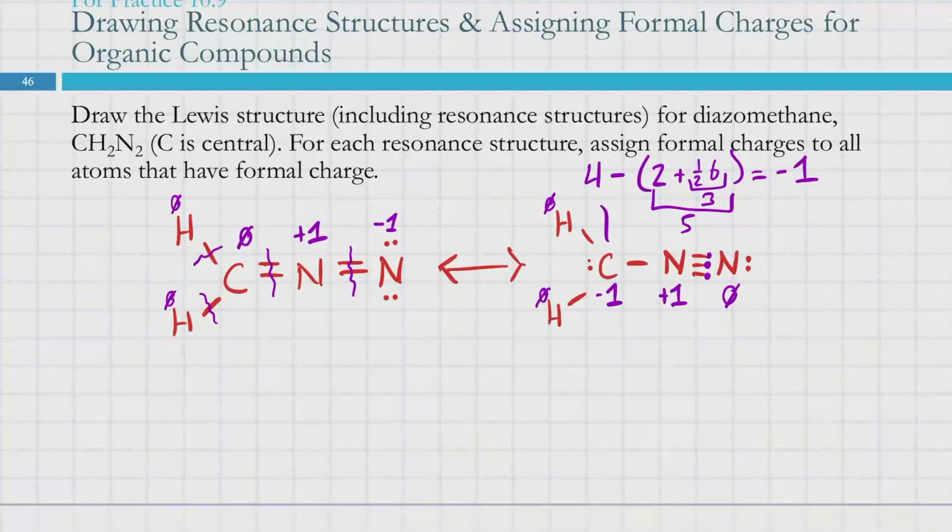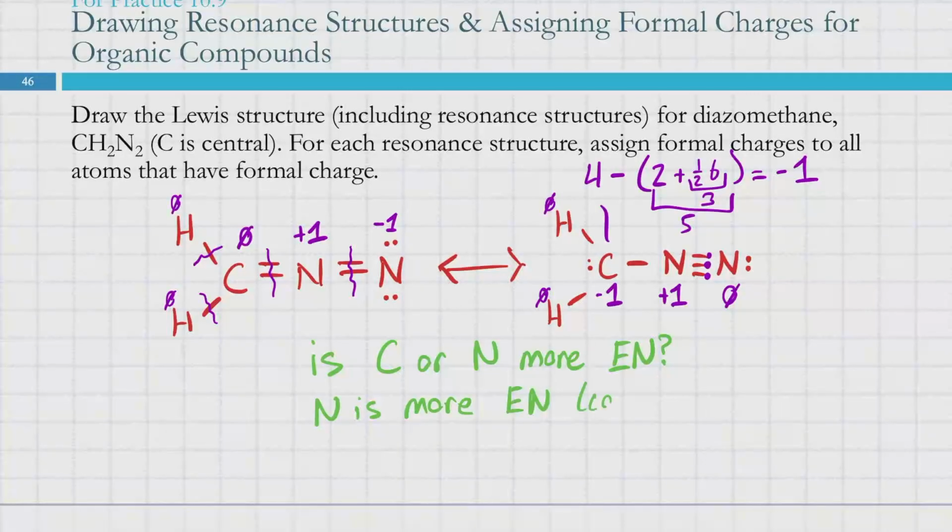So the question we should be asking ourselves is carbon or nitrogen more electronegative? Which one's closer to fluorine? Nitrogen's closer to fluorine. Nitrogen is more electronegative because it's closer to fluorine.